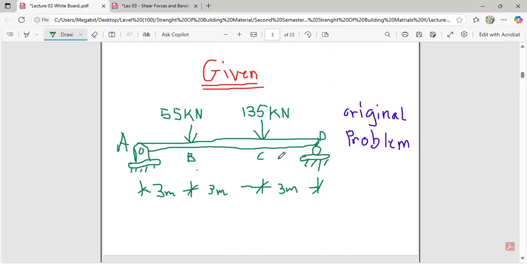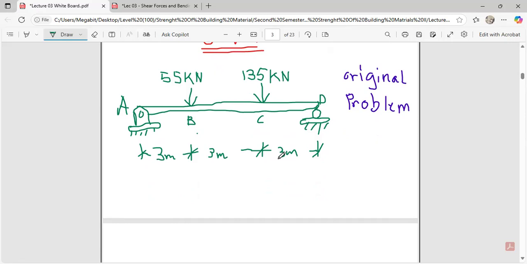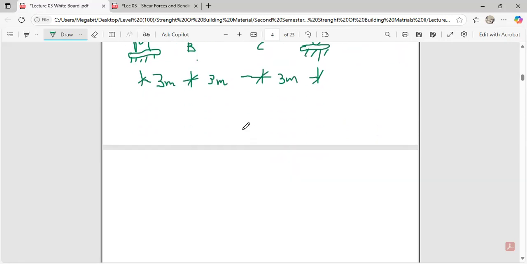Okay. Then we can put down our free body diagram.